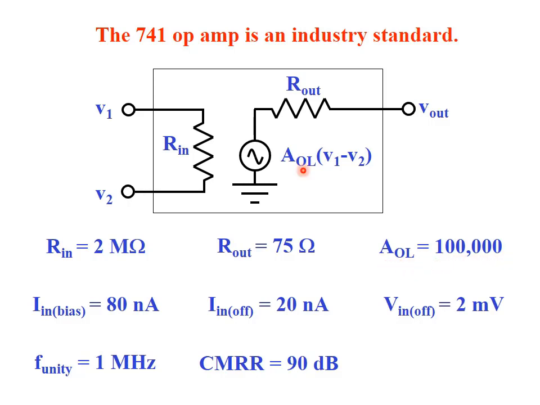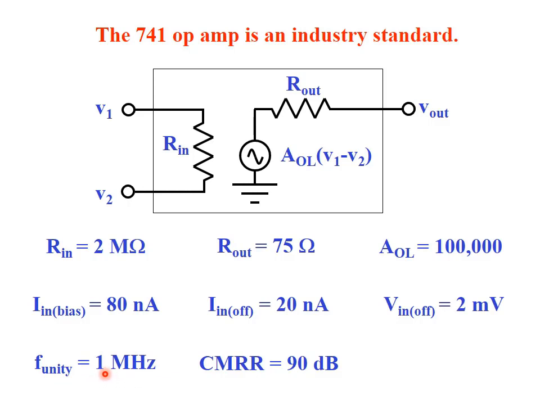That means if this operational amplifier is open loop, with no feedback, it will amplify any signal 100,000 times. And the input bias current is 80 nanoampere, and the input offset current is 20 nanoampere, which is extremely low current. Okay, and the unity frequency is 1 megahertz.